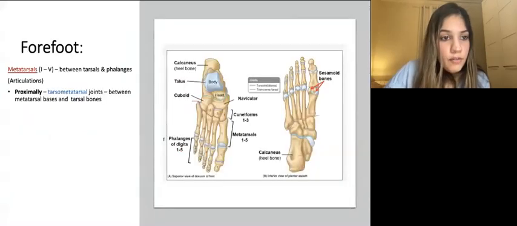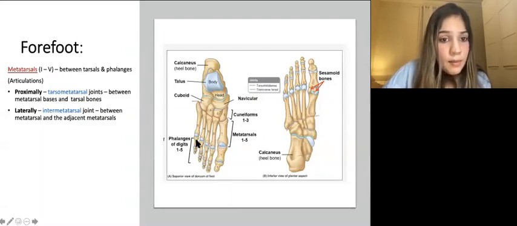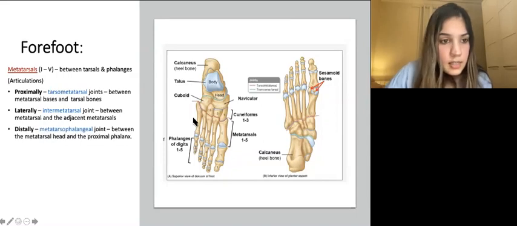And in the forefoot, you've got the metatarsals, the 5 of them between the tarsals and the phalanges. Proximally, you've got the tarsometatarsal joints. Laterally, you've got the intermetatarsal joints, and distally, you've got the metatarsophalangeal joints.